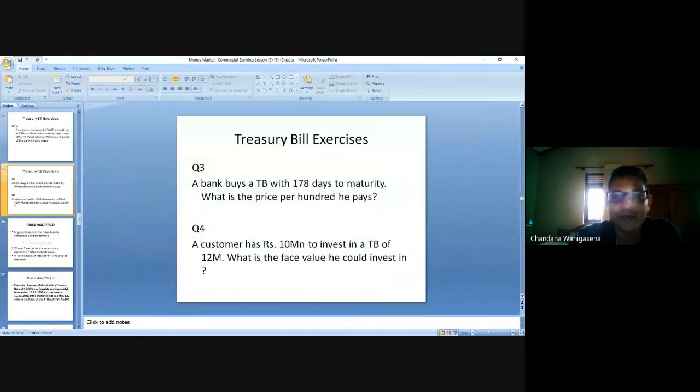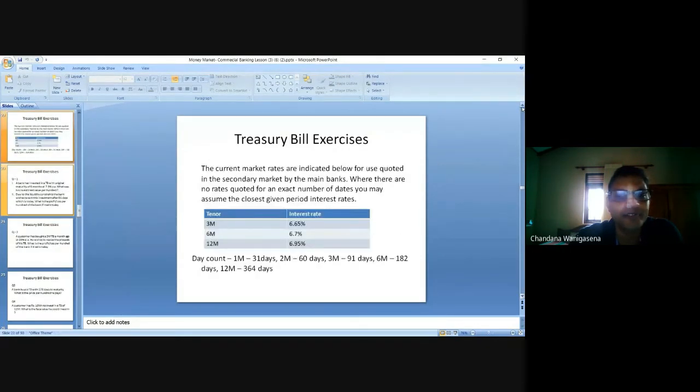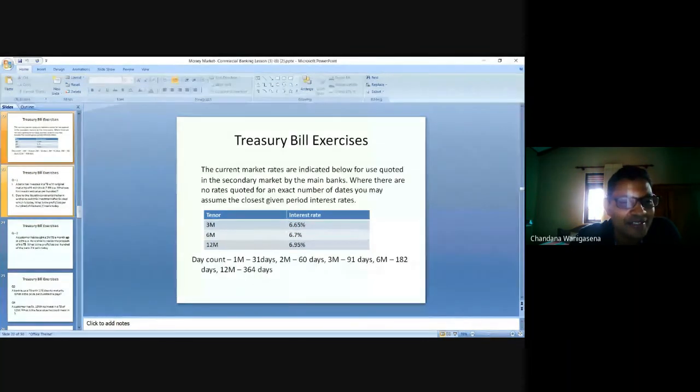Then you have to calculate the interest to get the face value at the end of 1 year. The rate is 6.95, so 6.95 percent of 10 million is 695,000. So the answer is 10.695 million.